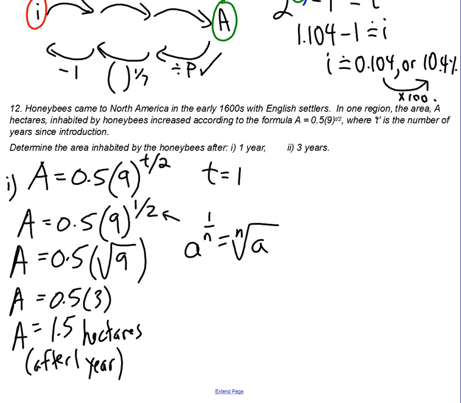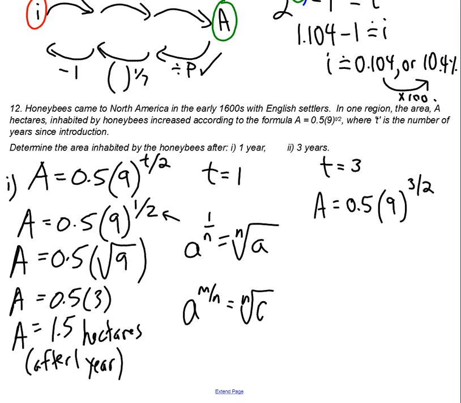Okay, straightforward. Now in part 2, we're using t equals 3. Since the numerator is our t value, that's going to produce 9 again as our base, with an exponent of 3/2. Now 3/2 has to be handled using the exponent law a to the m over n equals the nth root of a, all to the m.